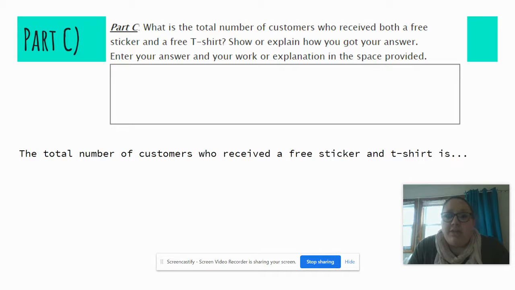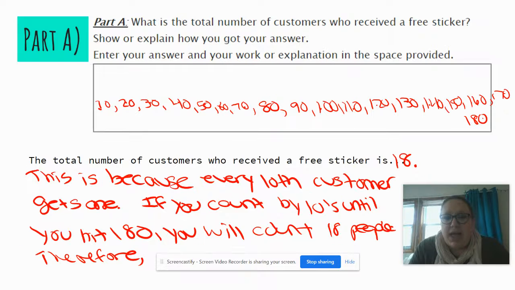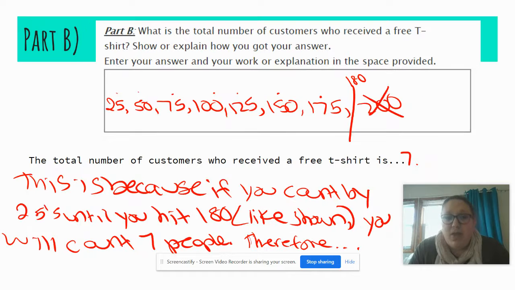What is the total number of customers who received both a free sticker and a free t-shirt? So we need to look for similar customer numbers in both lists. I can do this by looking back at the list I've already written. We don't need to write lists again. For the sticker, we're looking for any that end in a 0, because those are multiples of 10. So in this list here, we're looking for multiples of 10, which would be 50, 100, and 150.